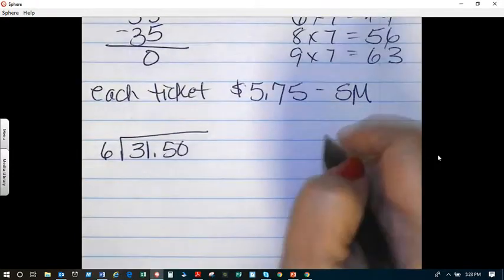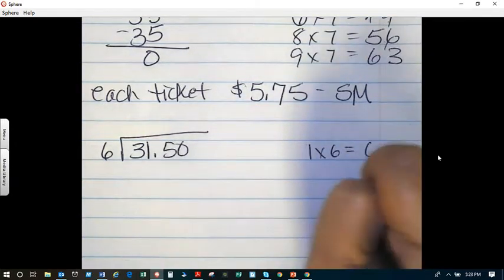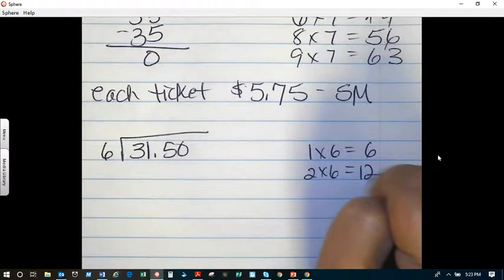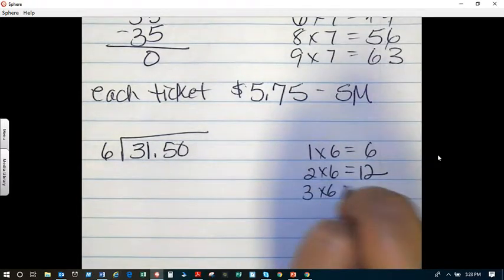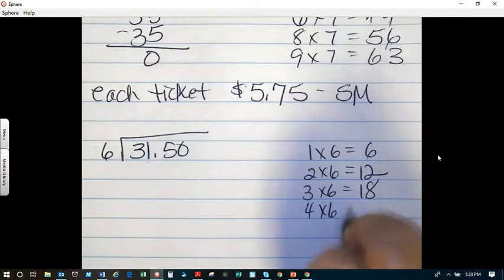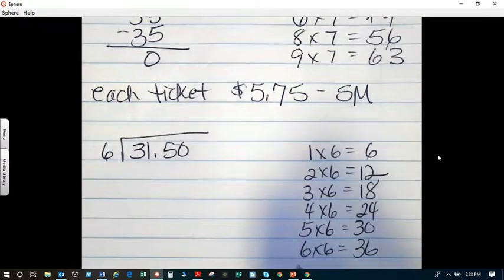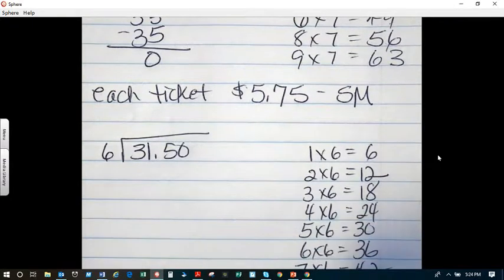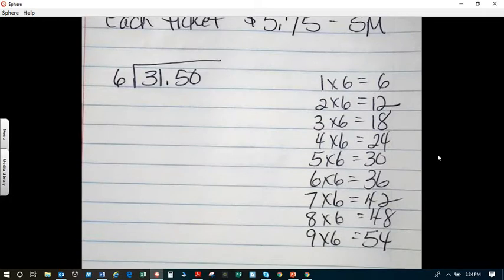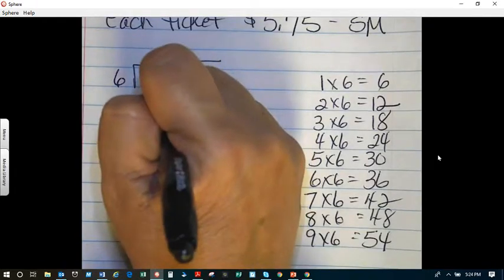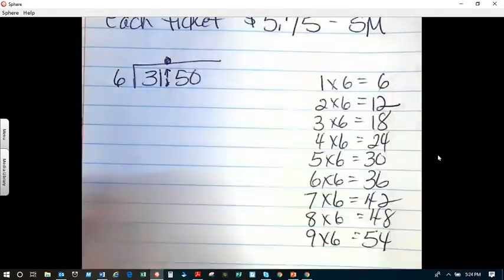Okay, I'm going to do the same thing. 1 group of 6 equals 6. 2 groups of 6 equals 12. 3 groups of 6 equals 18. 4 groups of 6 equals 24. 5 groups of 6 equals 30. 6 groups of 6 equals 36. 7 groups of 6 equals 42. 8 groups of 6 equals 48. 9 groups of 6 equals 54. All right, now that I've got that set, I'm going to have my decimal, draw my arrow, put my decimal on the top, and I'm done here.